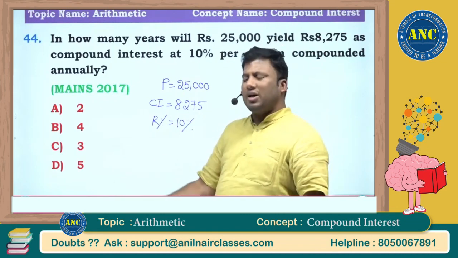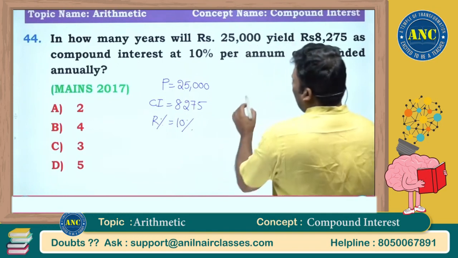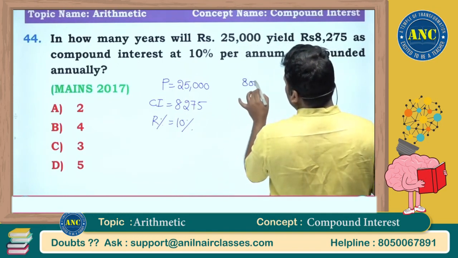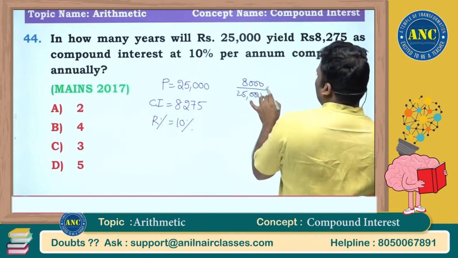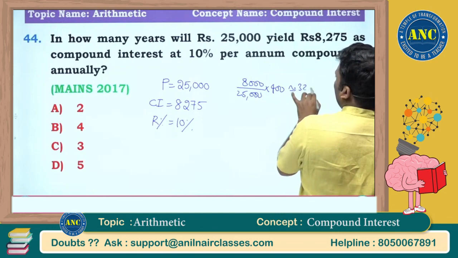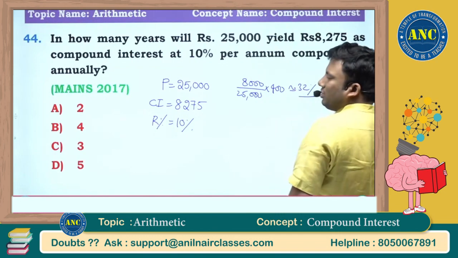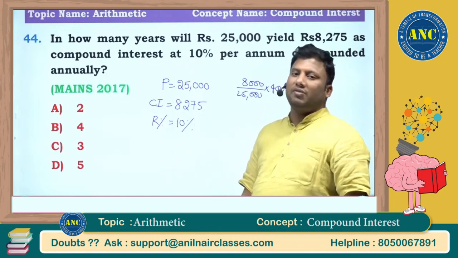Don't do any mathematics. Take it as 8,000. Approximately, 8,000 divided by 25,000 into 100 is around 32 percentage. 10 percentage, how many times will I get?